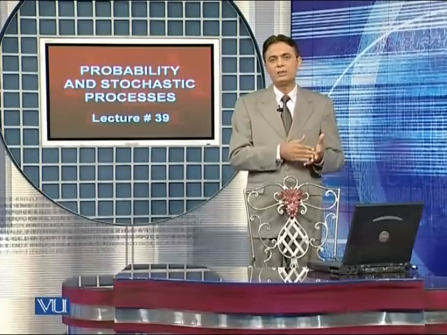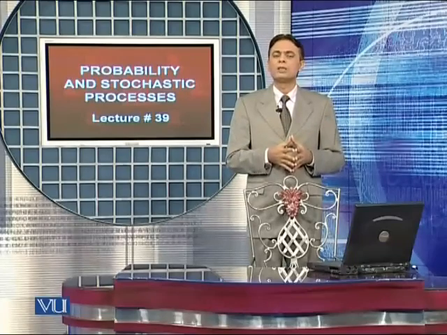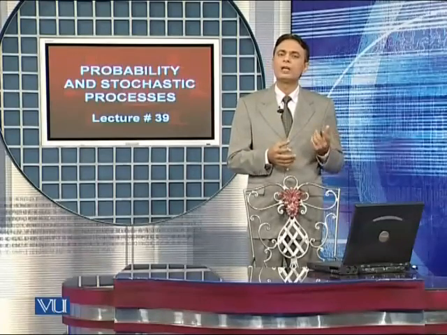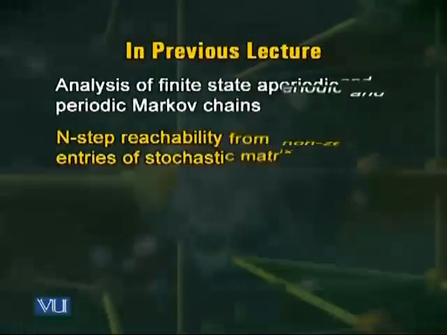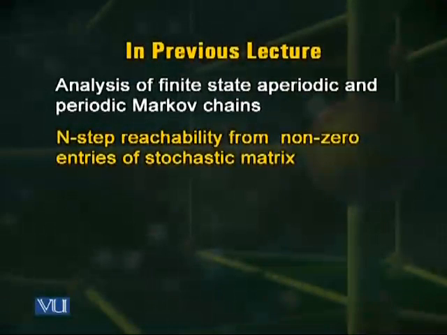So these one-step and n-step transition probability matrices were used to define one simple concept, that was n-step reachability. We were interested in the idea of being able to reach from a certain starting state, say i, to a certain destination state, say j, in n steps.